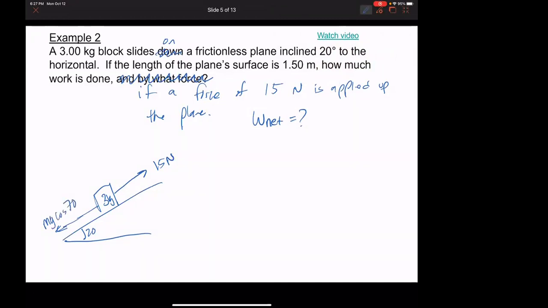So we can see our two opposing forces here. So our net work is going to be 15 minus 3 times 9.8 cosine 70 times the distance, 1.5. Is it 15 joules? Or let's hope this doesn't turn out to be 0.